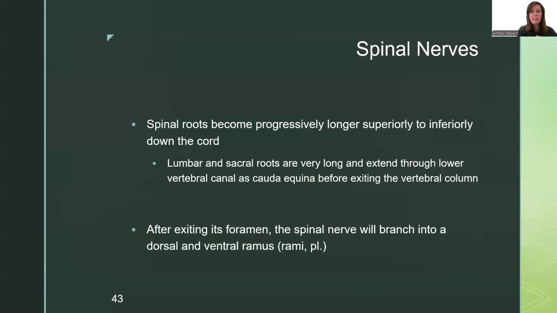All right, so in the lower spinal cord, the roots of the lumbar, sacral, and coccygeal nerves extend downward through the vertebral canal, and it forms the cauda equina, which resembles a horse's tail, and that's how it gets its name. After exiting the foramen, the spinal nerve will branch into dorsal and ventral ramus, or rami.